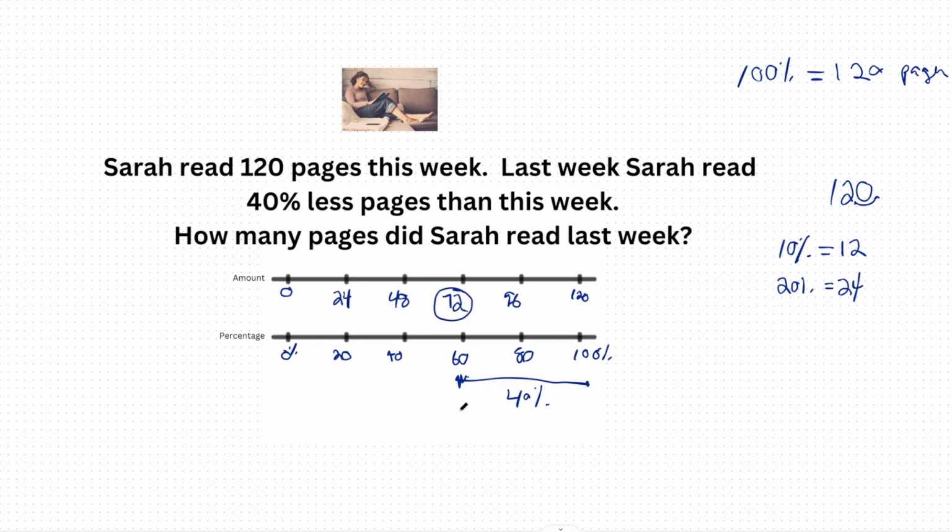Or what I could have done is said that I know that 40% is 48, and if I did 120 take away 48, I also get 72. So the nice thing about a double number line is it can visually help you solve percent increase and decrease problems. Alright, good luck.